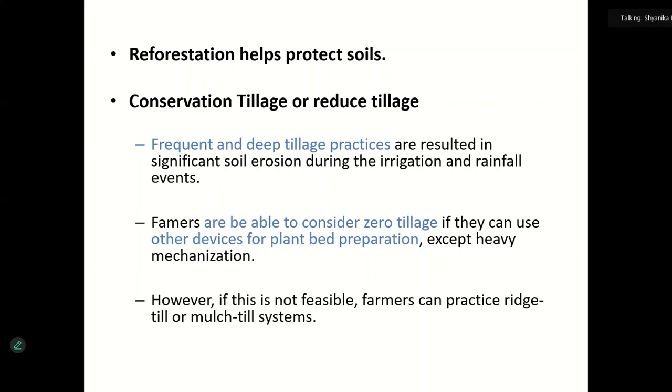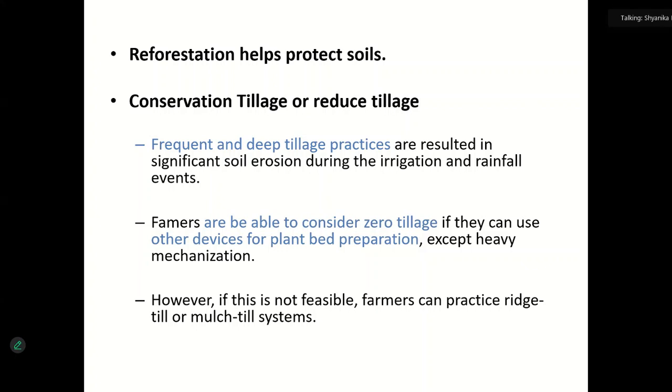And conservation tillage or reduced tillage. Conservation tillage means we don't use much tillage, right? Deep tillage practices we are not following. Only a very small amount of tillage we will do, so it is also helpful to conserve the soil quality and the soil structure.